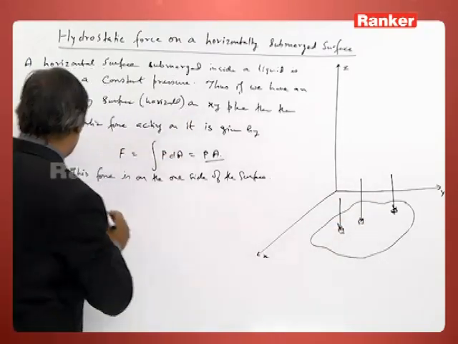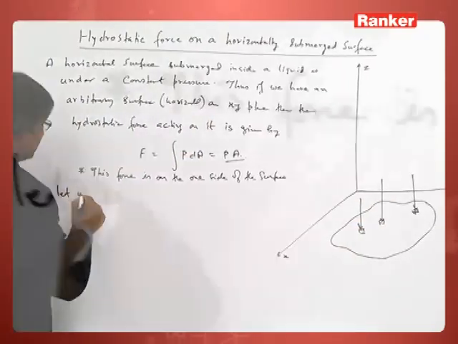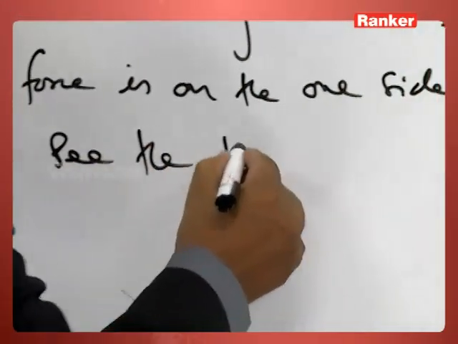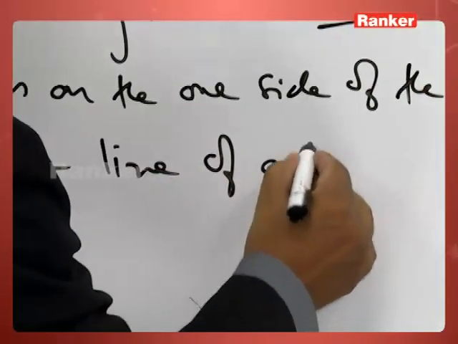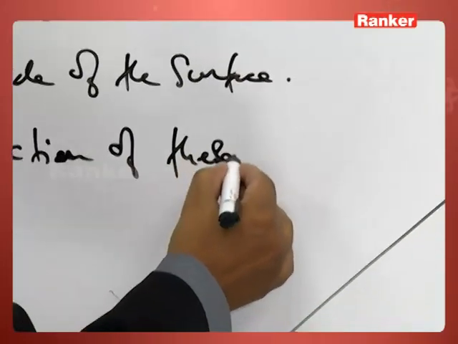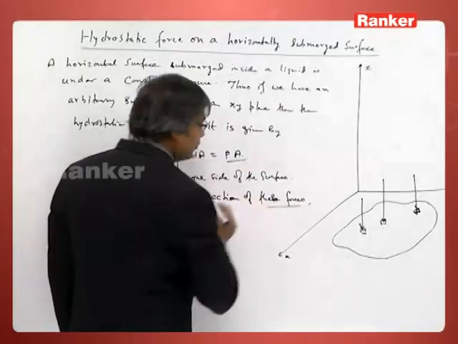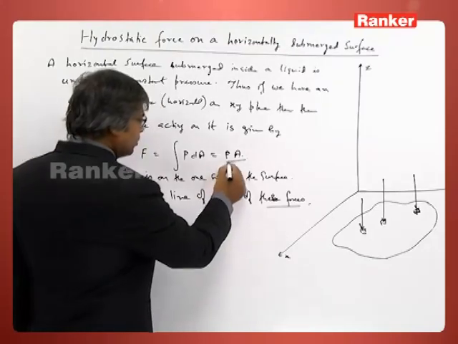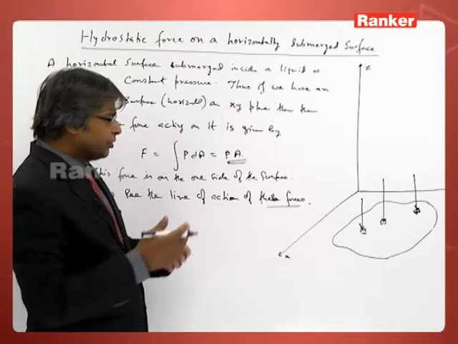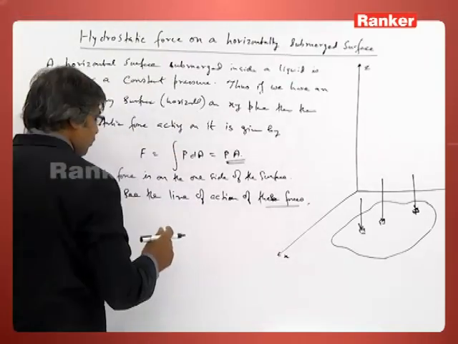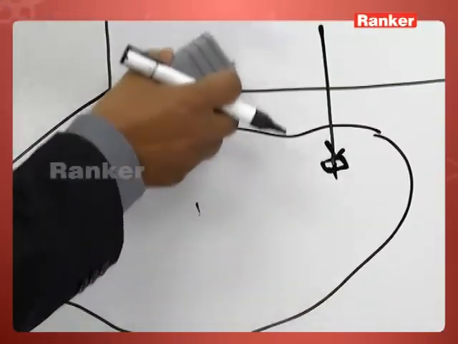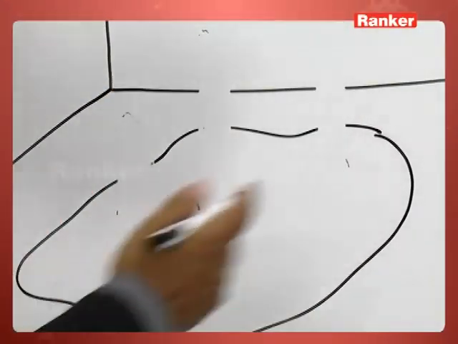So let us now see the line of action of these hydrostatic forces. This is the total force, that is P into A. In order to know the line of action of a force, we have to take moments of all these pressure forces.